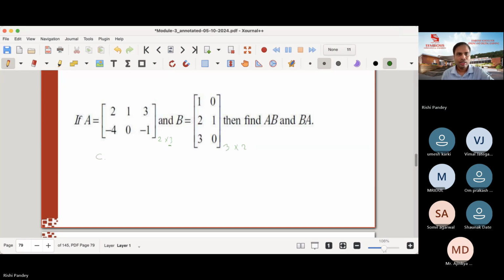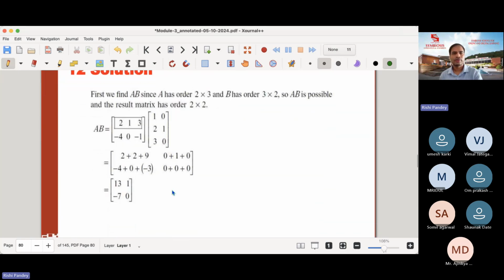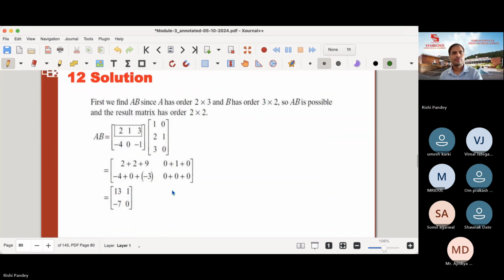Okay. So columns in the first is equal to 3 and rows in the second is equal to again 3. So multiplication is possible. Am I right? So find AB, everyone. Find AB like this way. Find AB and check whether it is right or wrong.